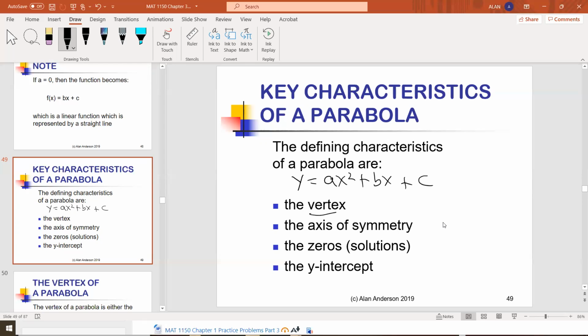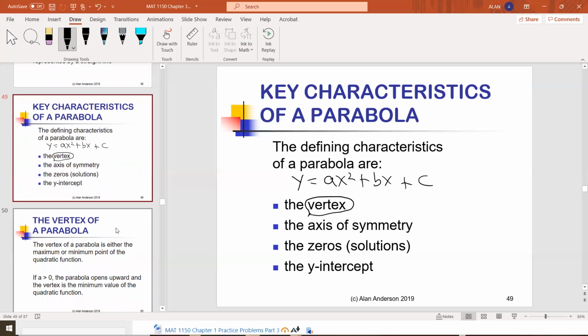Now, vertex, what does that word even mean? Interesting question. It's not one of those words that you often run into in the real world. Well, think about it this way. If we have an upward sloping or upward facing parabola, the vertex is the minimum point.